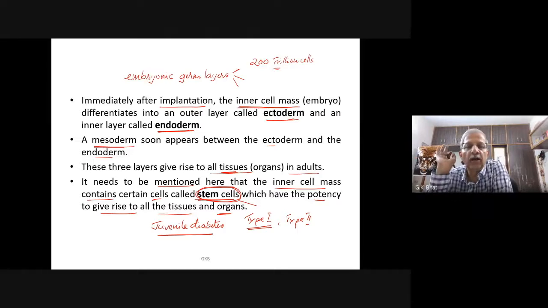There is no rejection by the immune system. So this is the advantage. In this way, stem cell culture has become a great help to people who are facing certain problems in their lifetime, right?